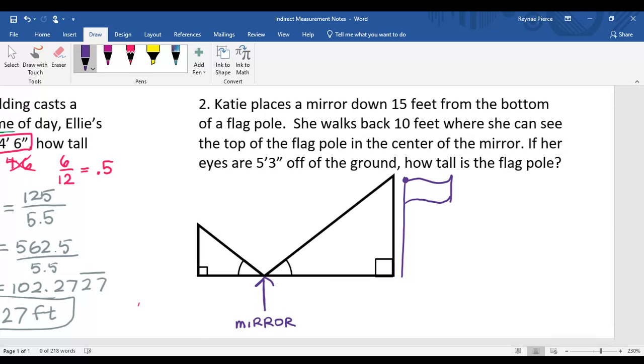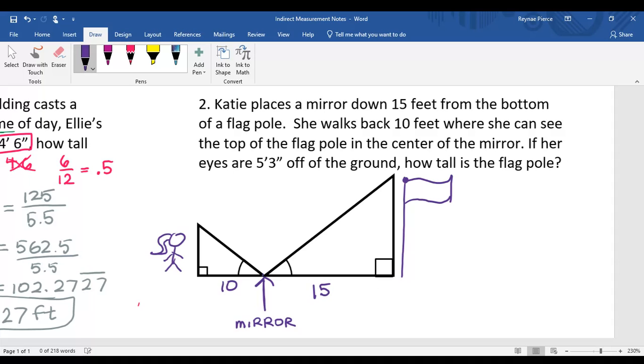She placed the mirror down 15 feet from the bottom of the flagpole, and then she walked back another 10 feet. Okay, so here's Katie. When she looks down at the mirror, she can see the top of the flagpole in the center of that mirror.